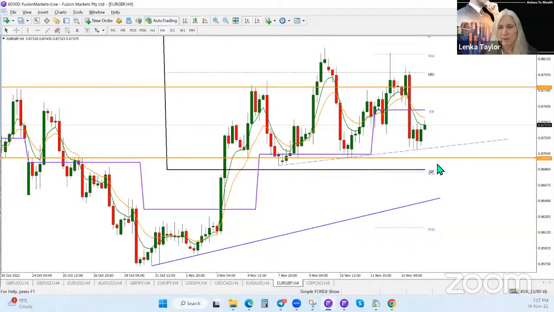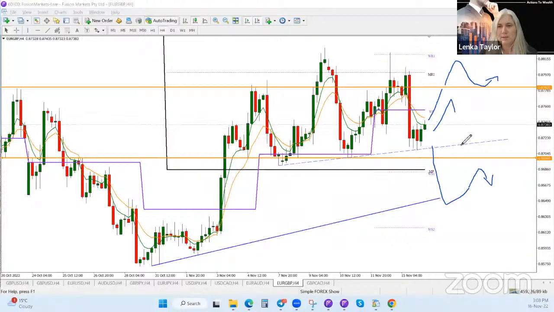If it does break below, then I would be looking for short opportunities. So the price would need to come underneath and then come back to retest. And then I would be looking for short opportunities, or the price will go above, break above, then comes back to retest, and then I would be looking for long opportunities. But if it stays in the middle and just bobs up and down in between there, I will not be trading that range. It's a little bit too narrow for me.